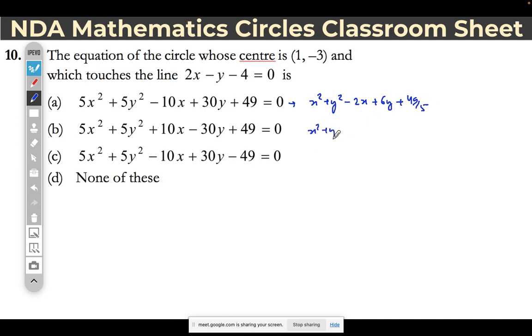X square plus y square plus 2x minus 6y plus 49 by 5. X square plus y square minus 2x plus 6y minus 49 by 5. Got it? Now tell me, what is the center of this?